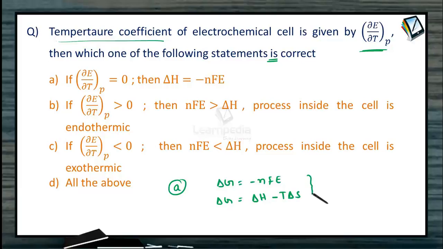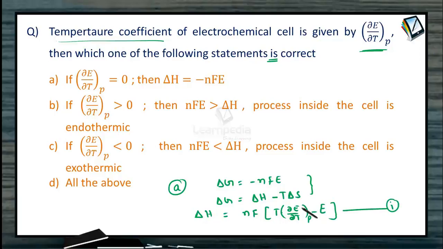And by using these two, we can get the relation between the enthalpy change ΔH and the temperature coefficient as ΔH is equal to nF into (T ∂E/∂T at constant pressure, the temperature coefficient, minus the potential E). So this is the basis for this particular question to be answered.